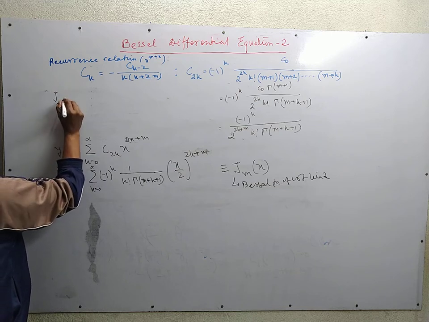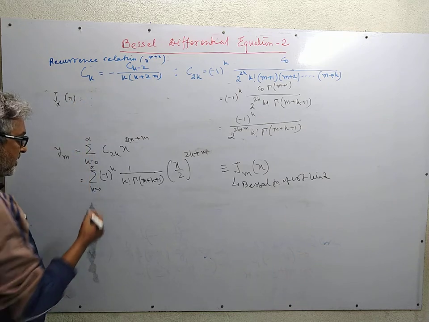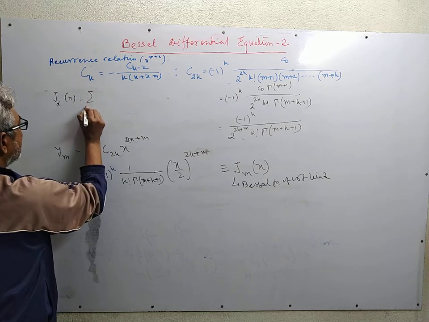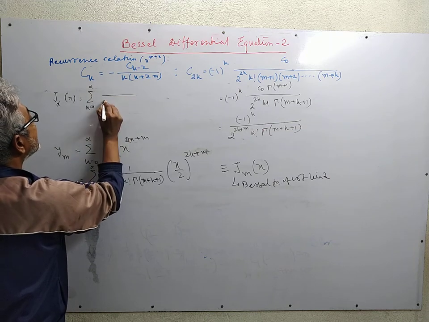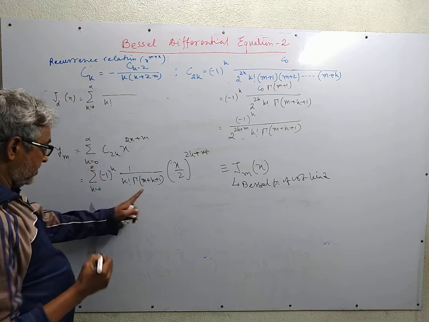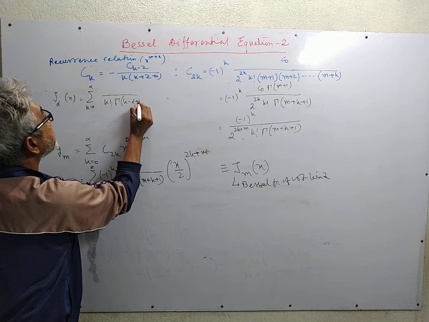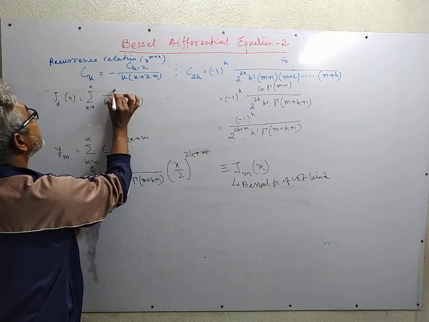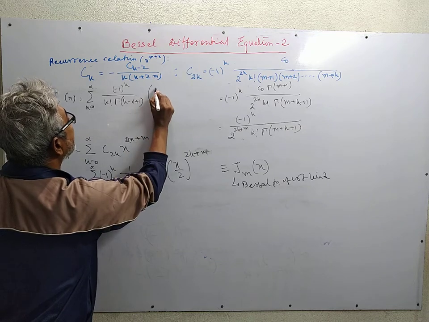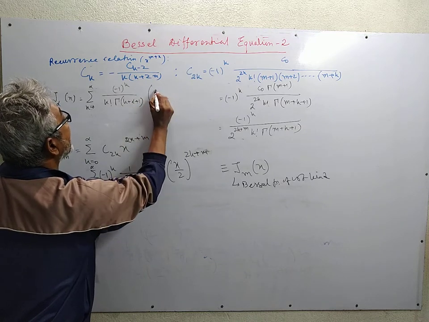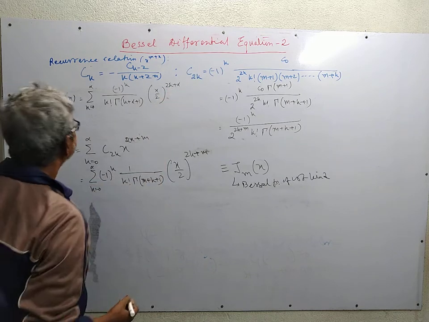J of alpha of x is equal to the summation over k of minus 1 to the power k, over k factorial, gamma of k plus alpha plus 1, times x by 2 to the power 2k plus alpha.